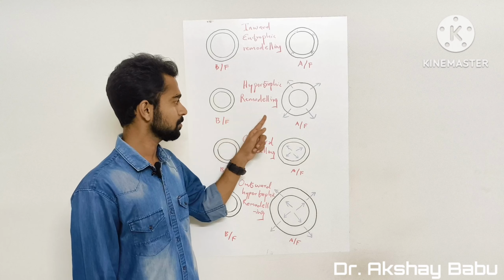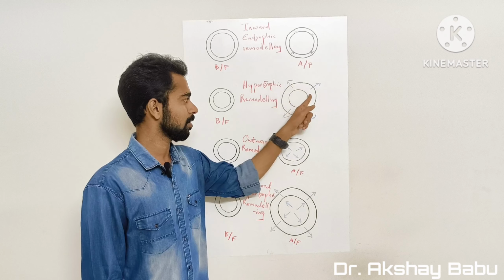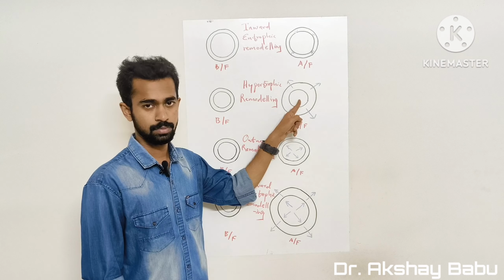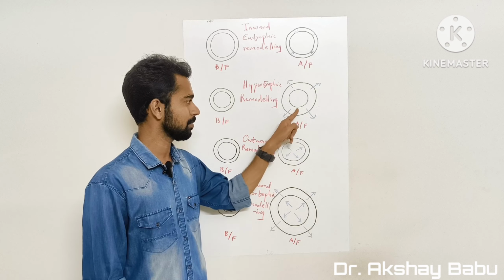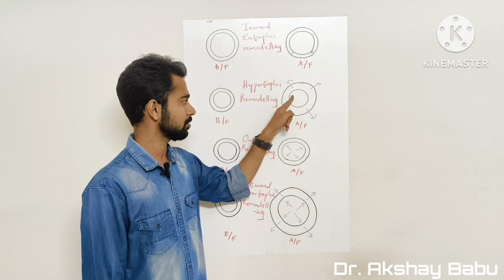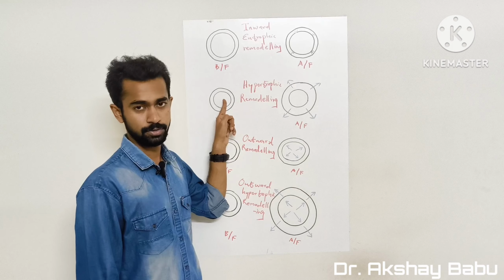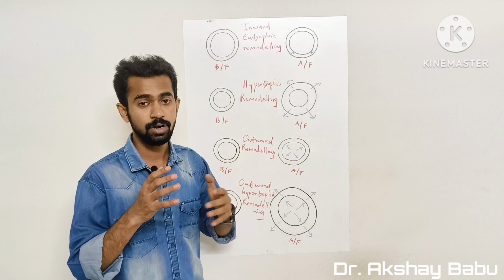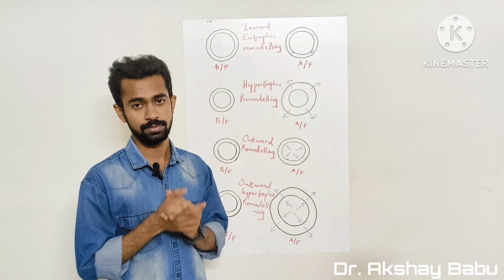After the increase in blood pressure, you can see this vessel wall only got thickened. Here the vessel wall thickness has only increased, whereas the lumen diameter remained the same as before the increase in blood pressure. And this hypertrophic remodeling occurs in larger blood vessels.